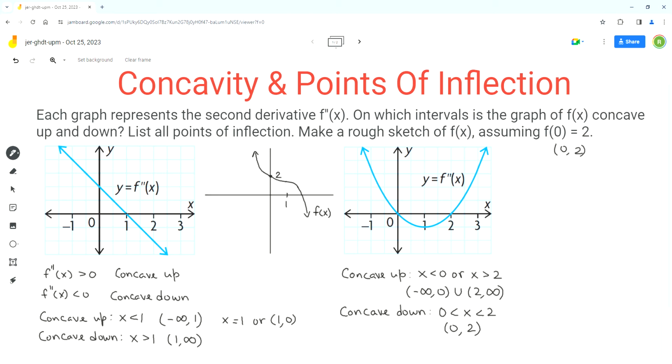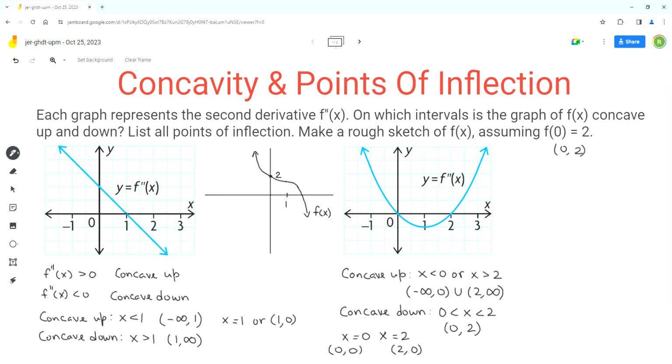And the points of inflection can be written as x equals 0 and then x equals 2, or you can also write them as ordered pairs as (0, 0) and (2, 0). So these are the 2 points of inflection for f at x.